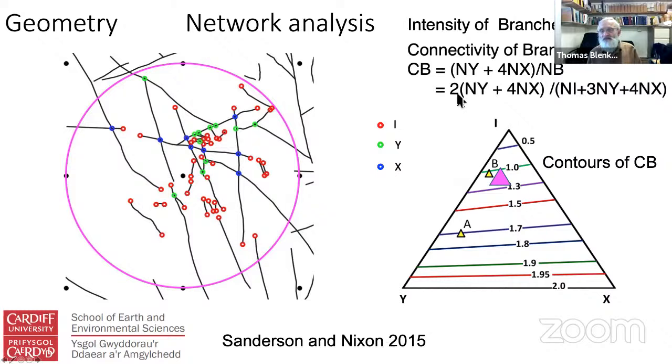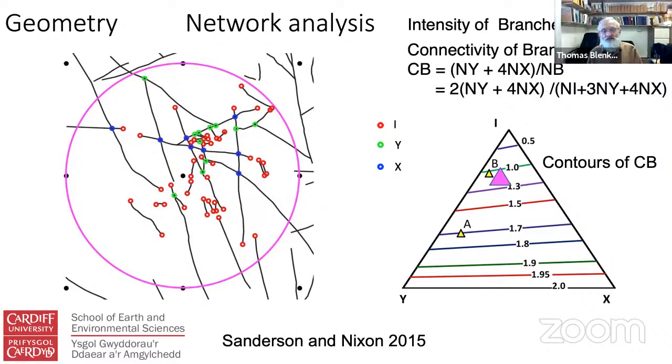There are many advantages of analyzing networks by this branch approach, which is not the traditional way of doing things, but it is extraordinarily simple and powerful. And we can arrive at this index of connectivity just by counting the number of the different types of node.